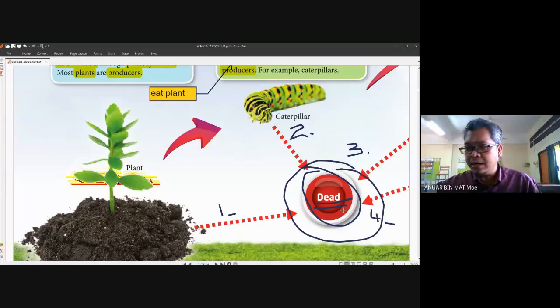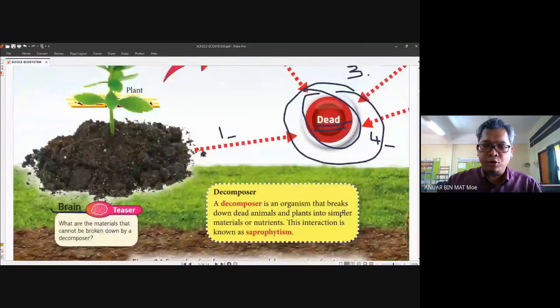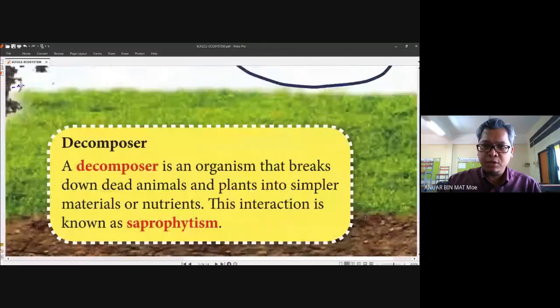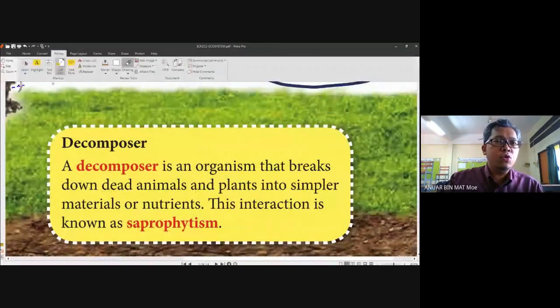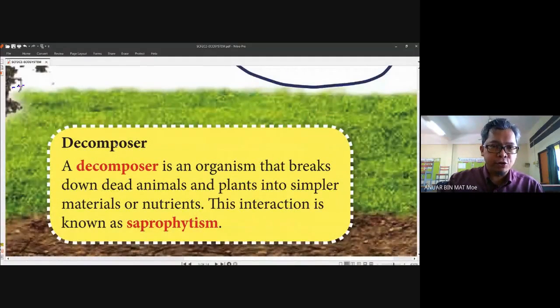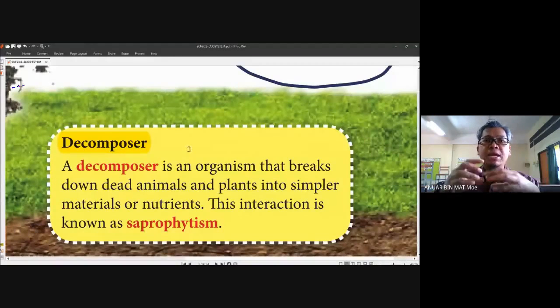And then what happened to their dead body? It will be decomposed. Any organic matter, any living organism, when the organism is already dead, it will be decomposed. So the next one you need to learn is the decomposer.